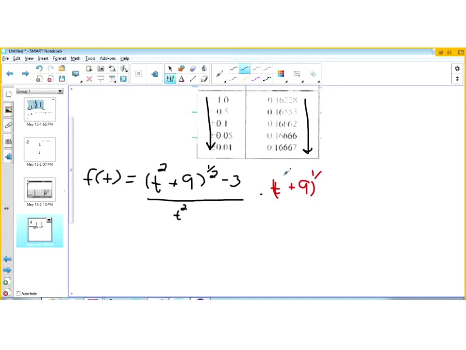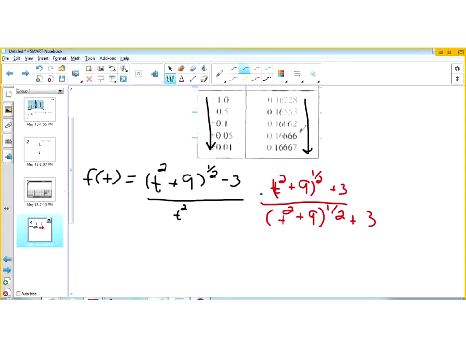So that'll be t squared plus 9 to the 1/2 plus 3. This is the conjugate. Remember, in conjugation, you just flip the signs. And then we have to do the same to downstairs, right? t squared plus 9 to the 1/2 plus 3.